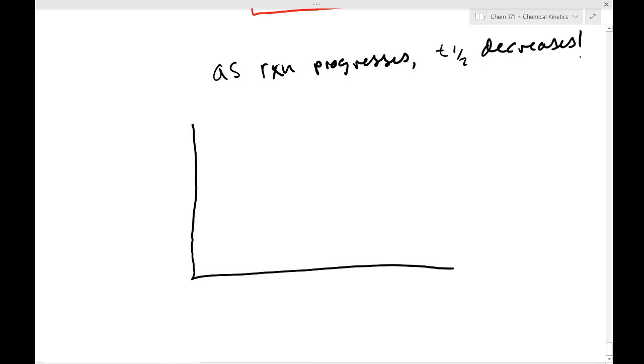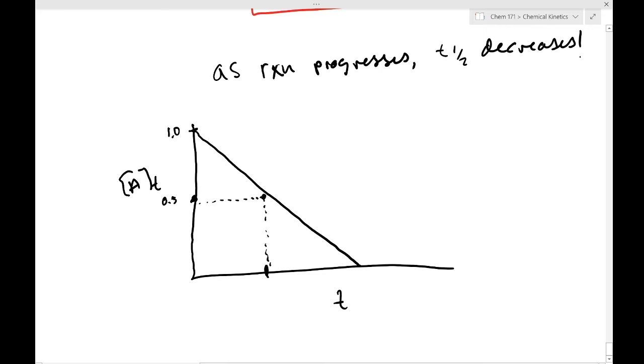How does this look? If we have concentration here and time t on this axis, and we start out at 1.0 molar, a zeroth order reaction is a straight line. So we can mark out the halfway point, 0.5. That's the first half-life.